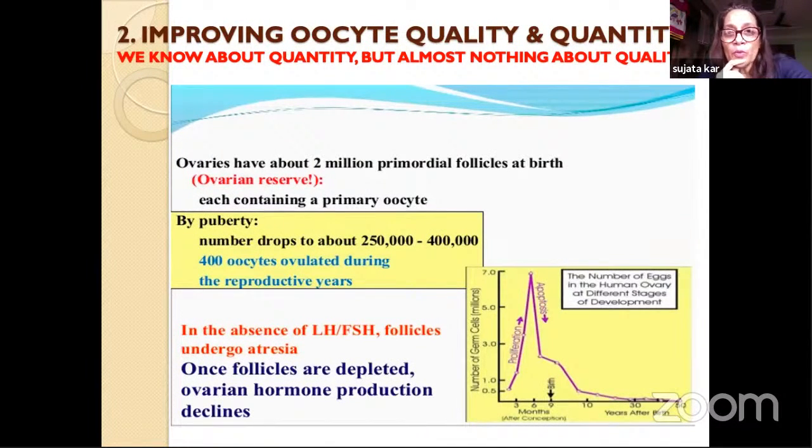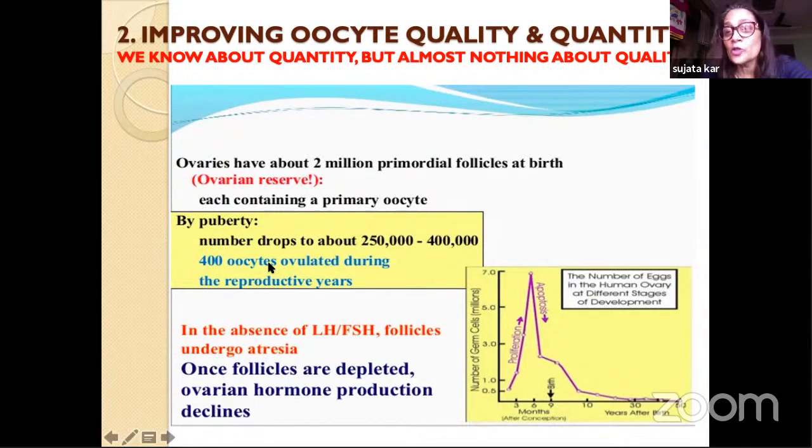So the second point was, can we improve embryo oocyte quality and quantity? What is the current practice that is possible in our hands? So we know a lot about quantity. We know about the antral follicle count, we know about the AMH, and of course our best friend, the female age. We rely mostly on that to know about the embryo oocyte quantity, but we know almost nothing about oocyte quality.